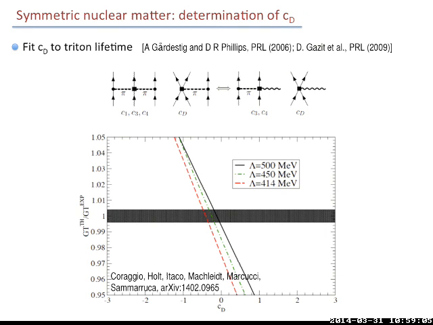For that, the best way is to look at the triton lifetime. In this case, what comes in is the CD contribution to the two-body nuclear axial current, as well as the C3 and C4 coefficients in the two-pion exchange three-body force diagram. This is going to contribute to the triton lifetime.